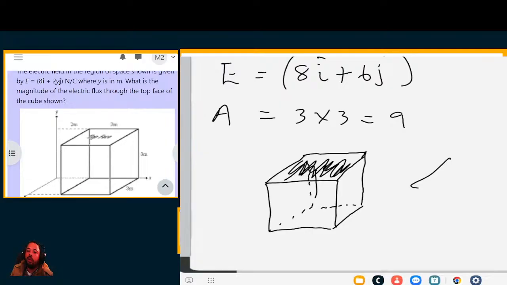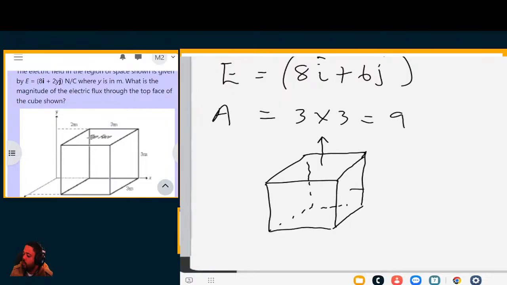Any value going in the direction of y is a j hat component. This would be the area vector for this area.